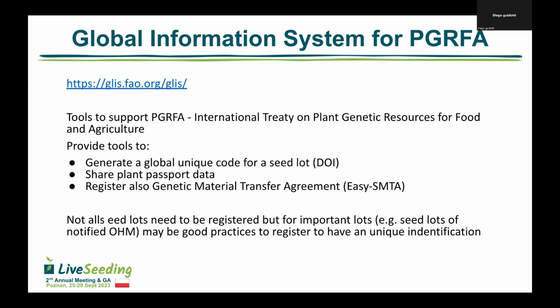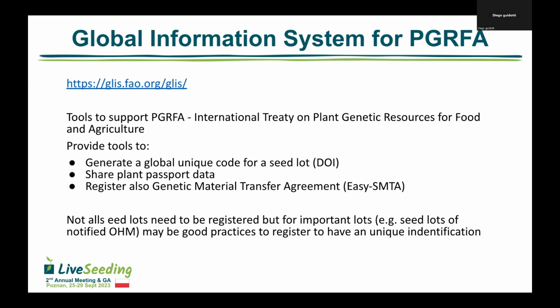And then at last, there is already a set of tools developed by FAO to manage information about genetic material exchange. When you have a seed lot, you can register a unique code for that seed lot. It is called a DOI, Digital Object Identifier. It is a very easy tool to use.